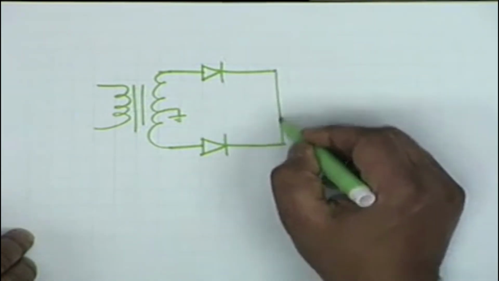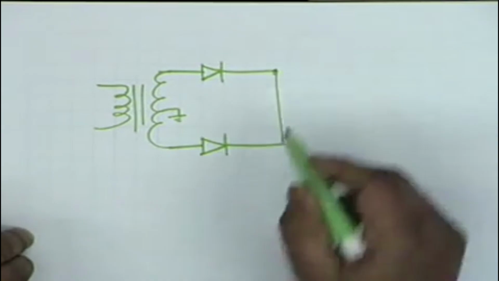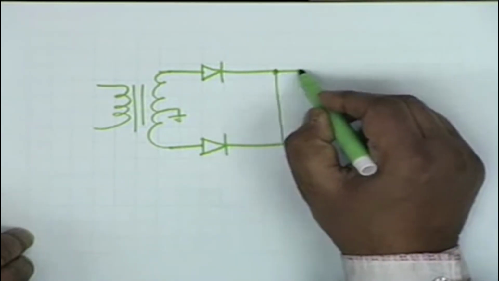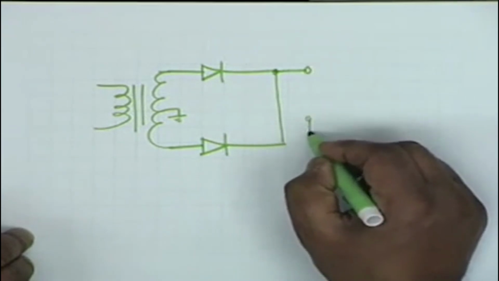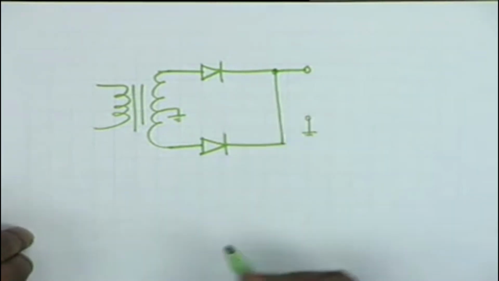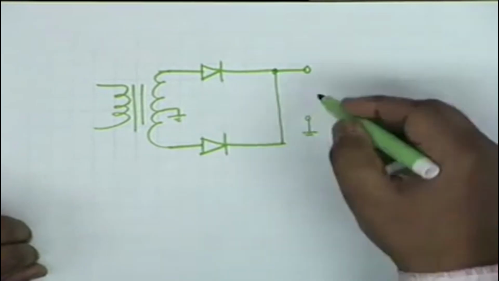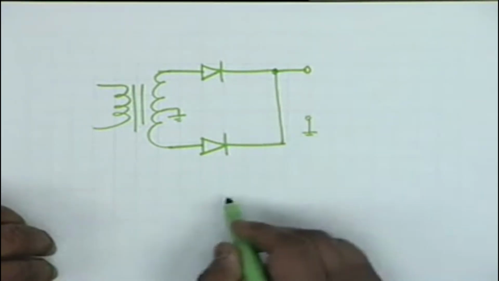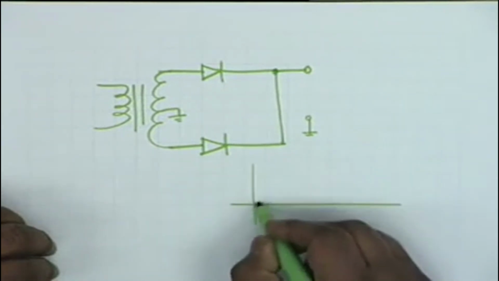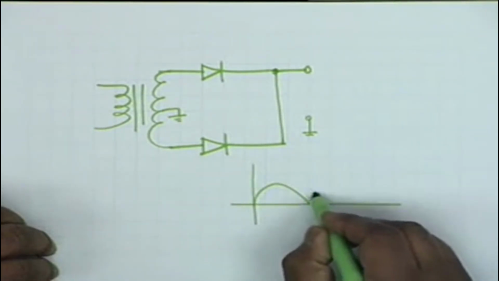The diodes are connected together, and then you can connect the load from this point to ground. The voltage that you get is full wave rectified voltage. In other words, its waveform shall be like this.